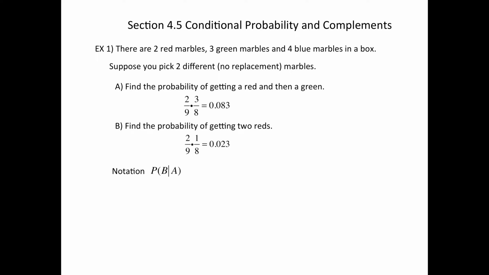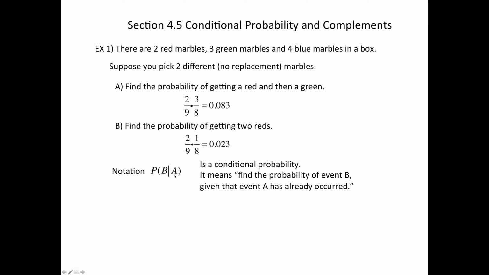The next definition is the conditional probability. So what this vertical line right here means is that event A has already occurred. So it's asking you find the probability of B given that A has already occurred.